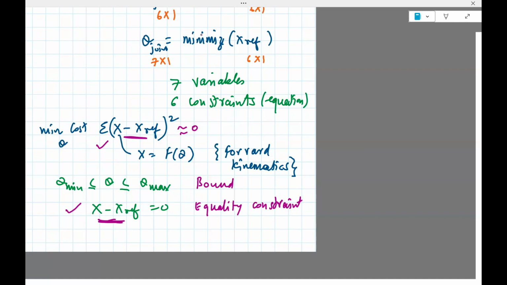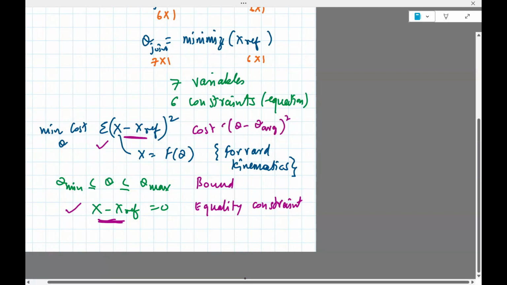Sometimes people put a cost. Another way people do the cost is they would just say theta minus theta average squared. They'll take the average of theta min and theta max in an attempt to get the solution to be close to the middle of the joints, right?